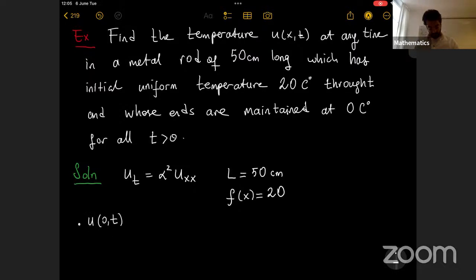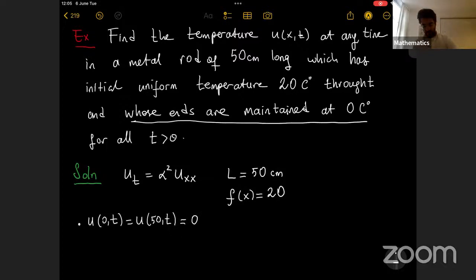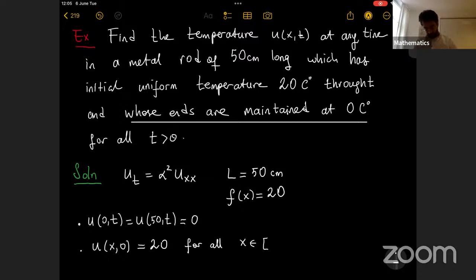At the endpoints, u(50,t), the temperature is always 0 because it says the ends are maintained at 0°C, and u(x,0), the initial temperature is 20, that is f(x), for all x between 0 and 50.